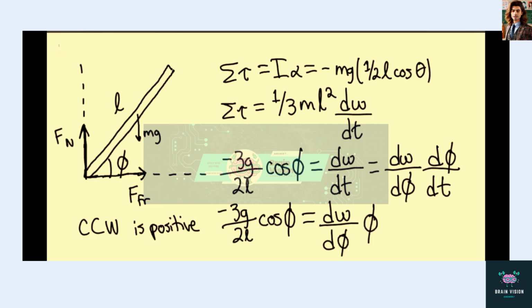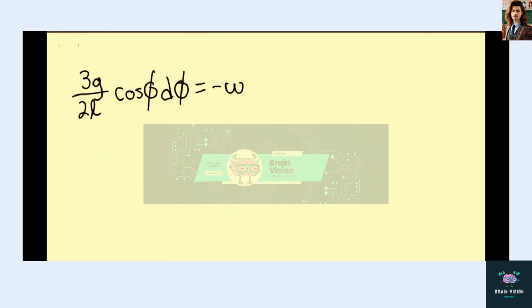And rewrite and say 3g over 2L times cosine of phi d phi would be equal to negative 1 times the angular velocity times d omega.